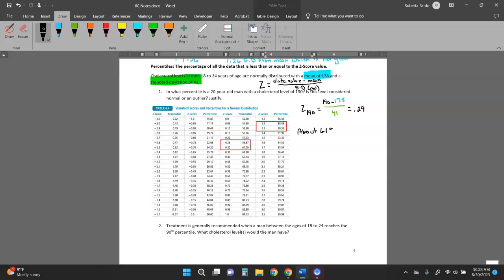So about 61% of men aged between 18 to 24 will fall below a cholesterol level of 190.